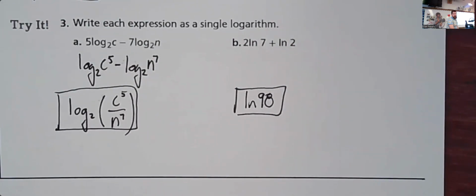So for B, you're just going to multiply together all the arguments, which are all regular numbers. By the time you're done multiplying, you end up with 98.